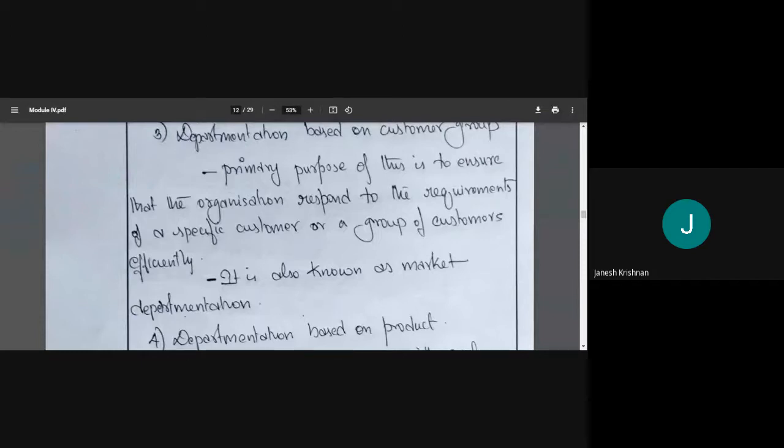Similarly, we have one for agriculture, maybe for industrial purpose, or corporate banking. You might have seen, right? Corporate banking, a board itself is there. NRI banking. Agriculture loan, agriculture department.